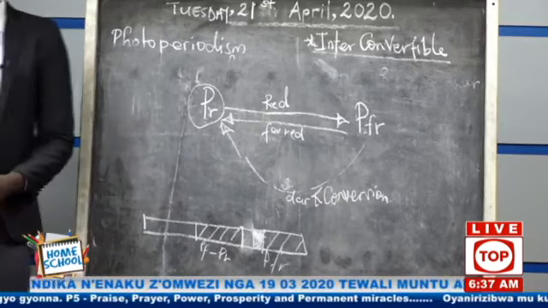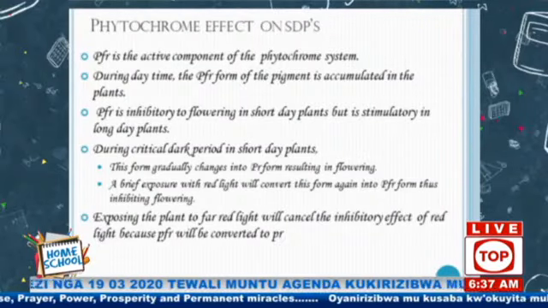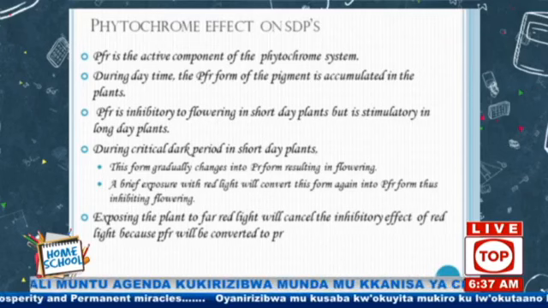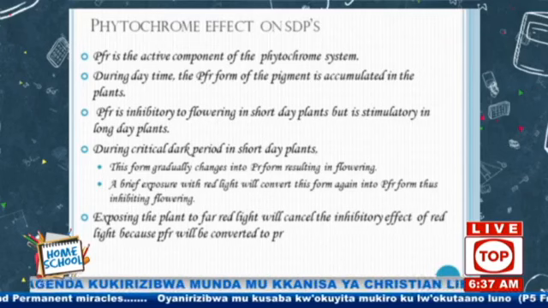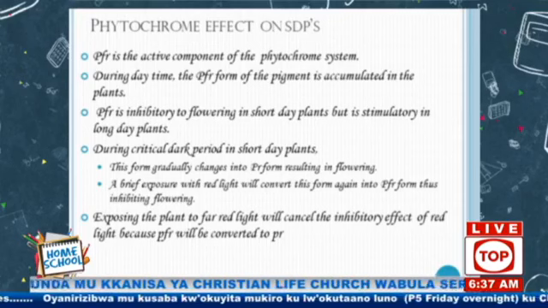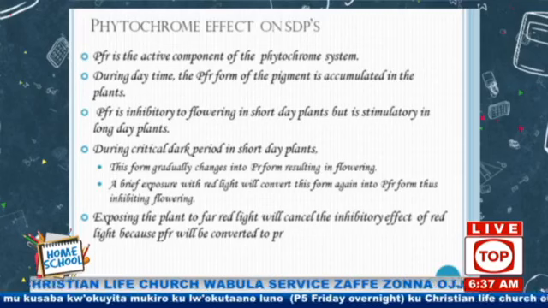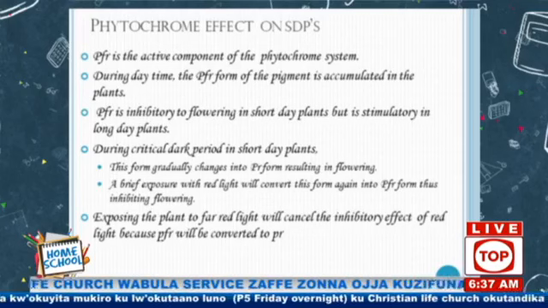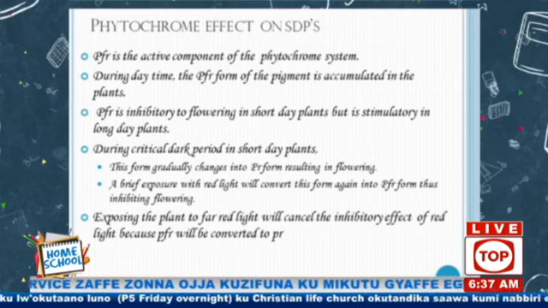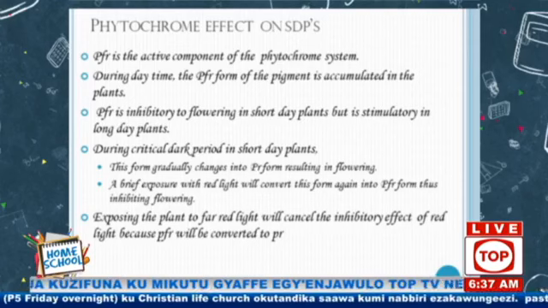So we are saying during daytime, the phytochrome far red form of the pigment is accumulated in plants. Phytochrome far red is inhibitory to flowering in short day plants. However, it stimulates flowering in long day plants. In the critical dark period in short day plants, phytochrome far red converts back to phytochrome red, resulting in flowering because the concentration of phytochrome far red has reduced.